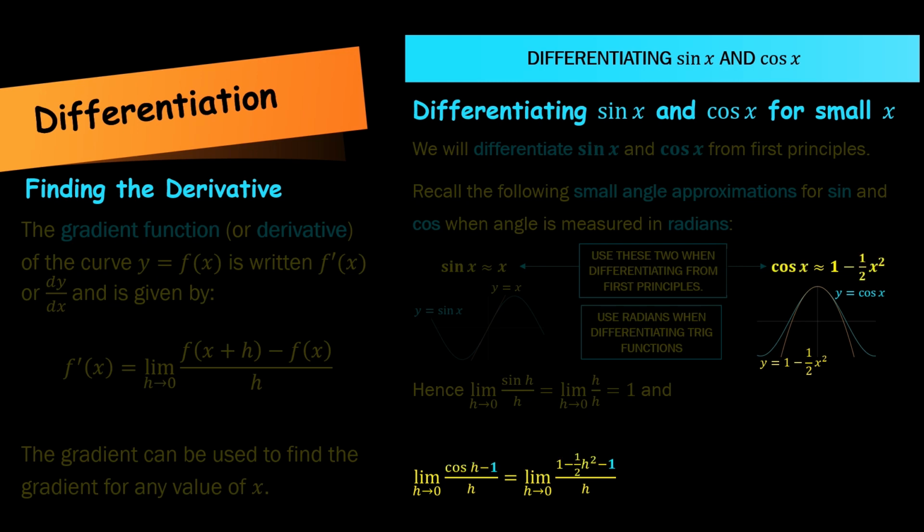And then, of course, minus 1 remains as it is, and the h underneath remains as it is also. Tidying up gives us that this expression is equal to the limit as h tends to 0 of minus a half h. And this is of course equal to 0.